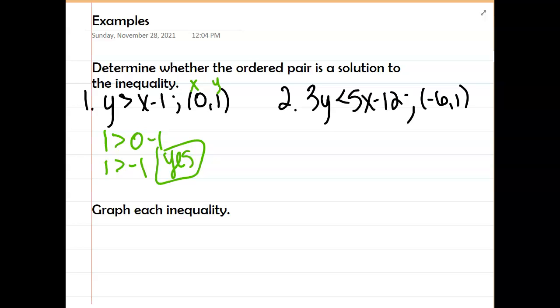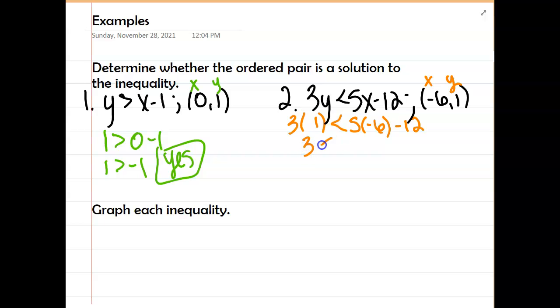If I want to know if this is going to be in the shaded area or not, you plug in negative 6 for x and 1 for y. So it's going to be 3 times 1. If it's a solution, it needs to be less than 5 times negative 6 minus 12.